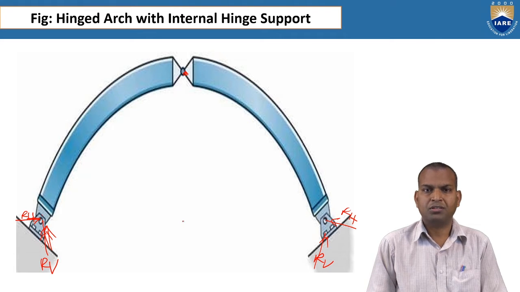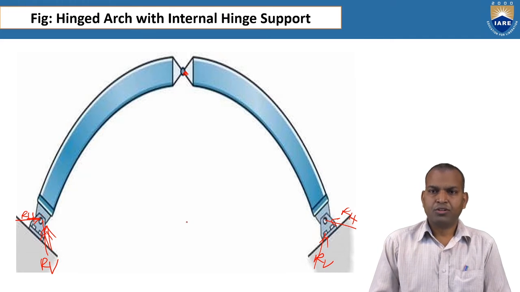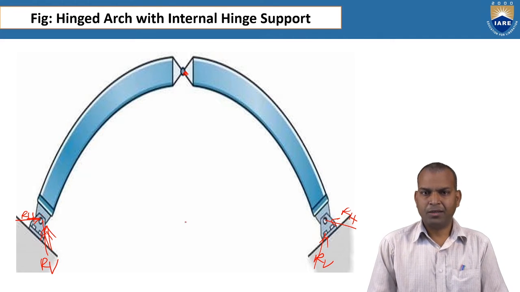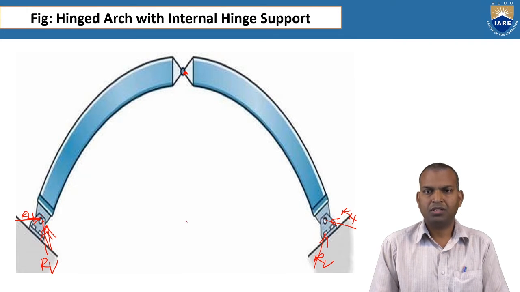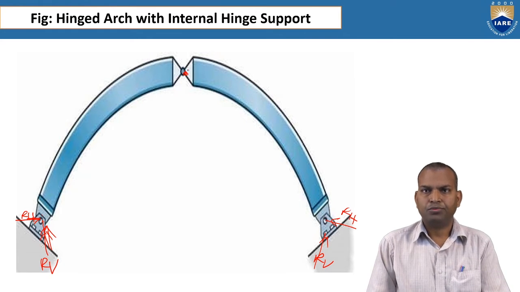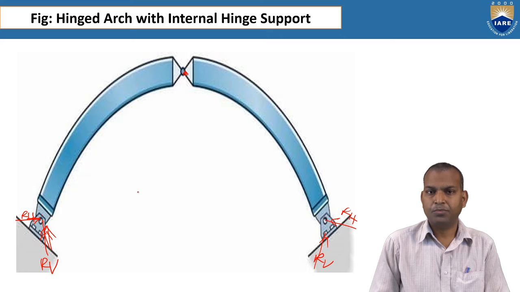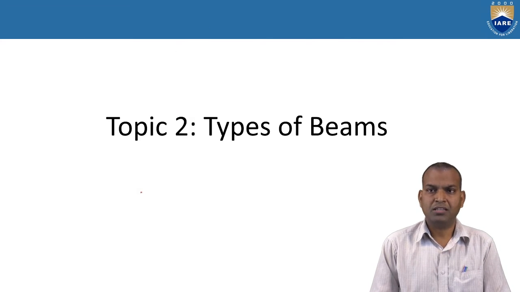So it doesn't matter. We can consider one type of reactions while calculating shear forces and bending moments over beams. Now, this is the hinged arch, completely supported, and we can see practically with the help of hinged supports in this figure.